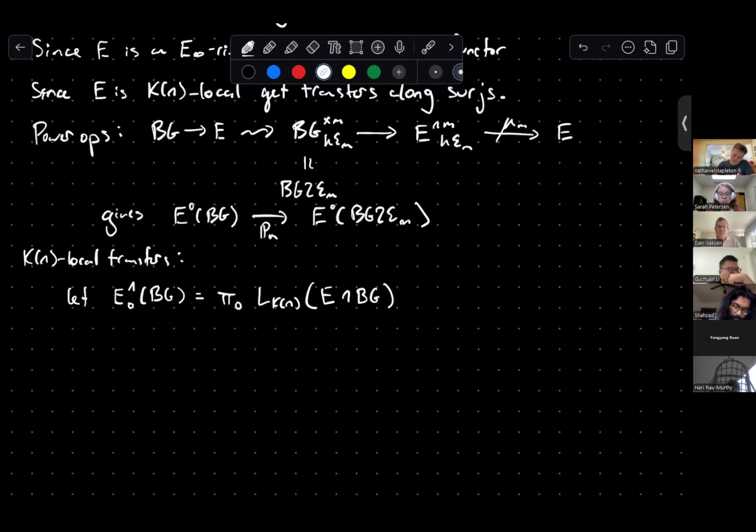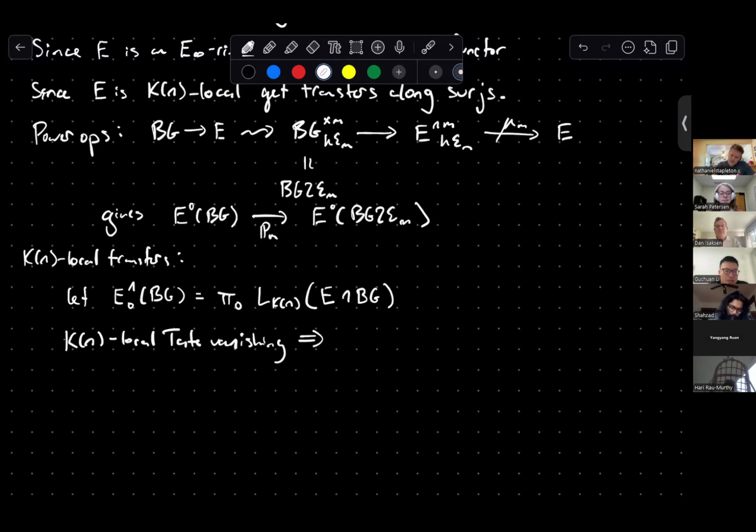And there's a theorem, which is K(n)-local Tate vanishing. If you have some idea what it is, then that's the thing that's leading to the following fact. But if you don't, don't worry about it. This is a theorem of Greenlees, Sadofsky, Kuhn, and also Strickland was involved in thinking about these things as transfer maps.